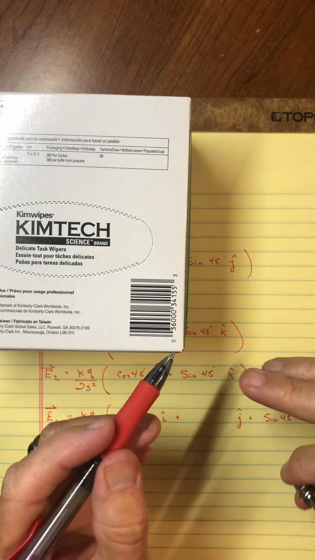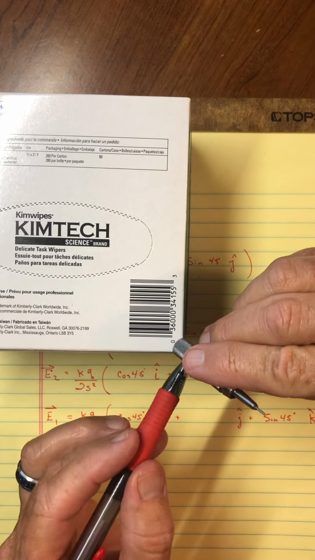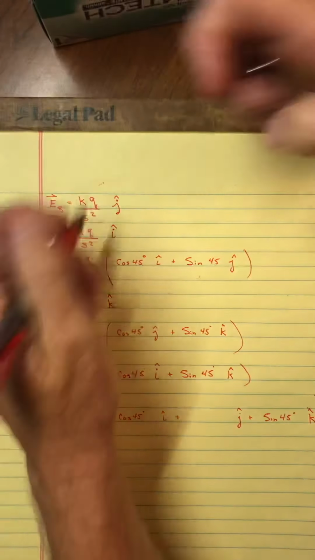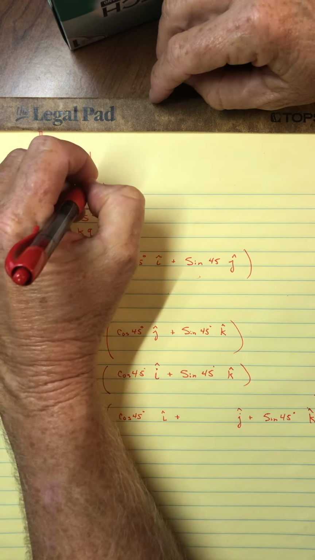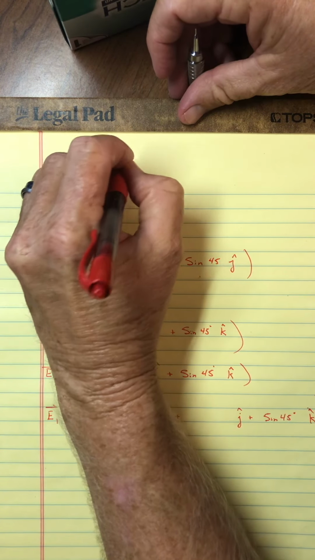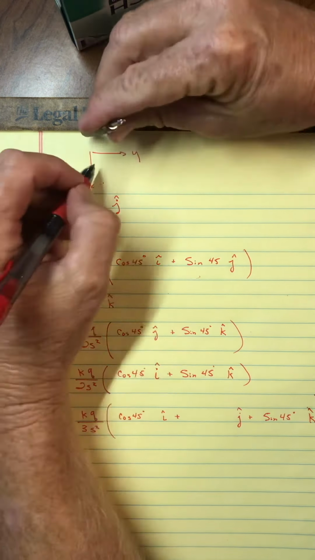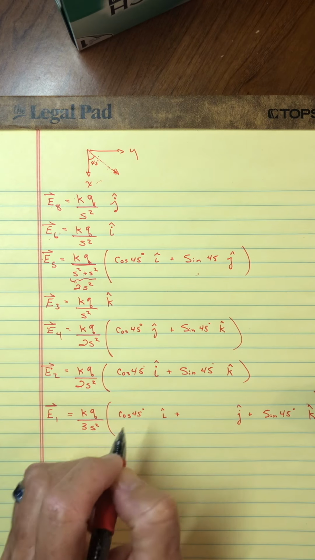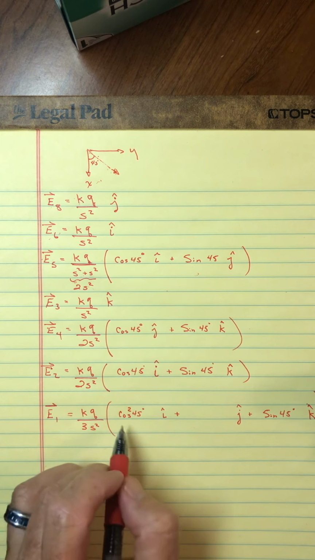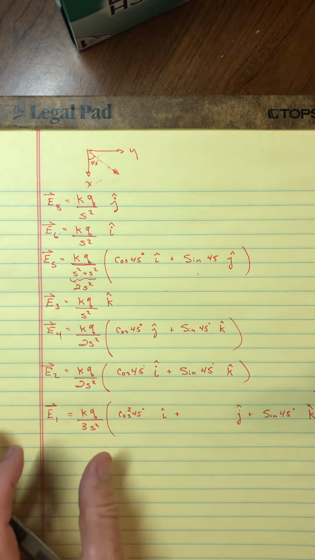I would then, once I multiply by cosine of 45 to get here, have to say, if this is the x-axis and this is the y-axis, when I multiply it by the cosine of 45, I get this right here, which is how much is in the plane, and since this is also 45, I've got to multiply by another cosine of 45 to get the x component. So that would be cosine squared of 45.